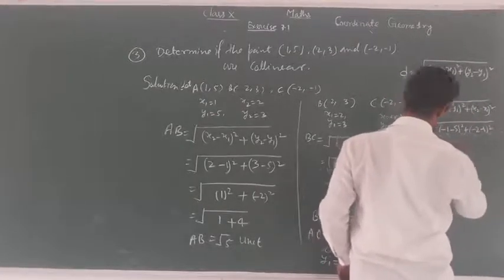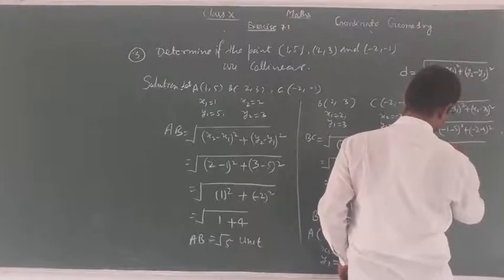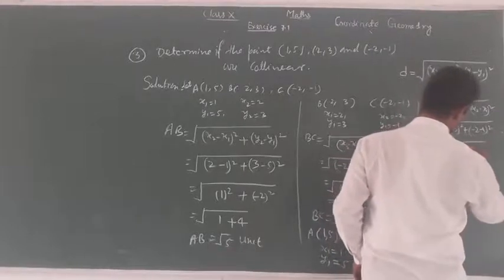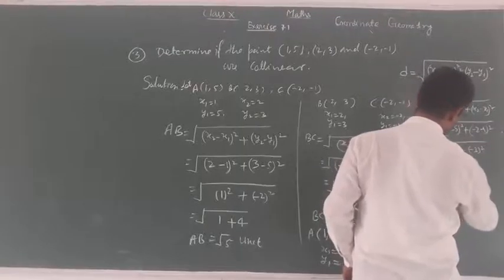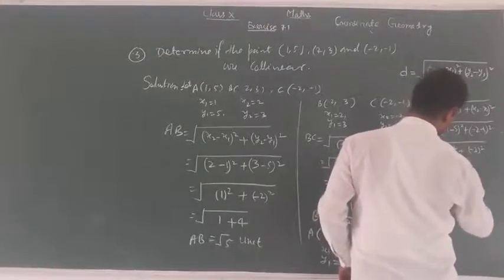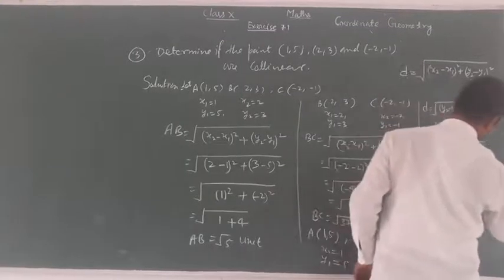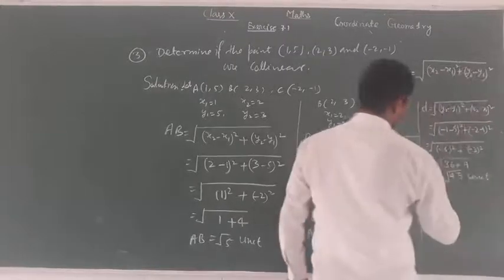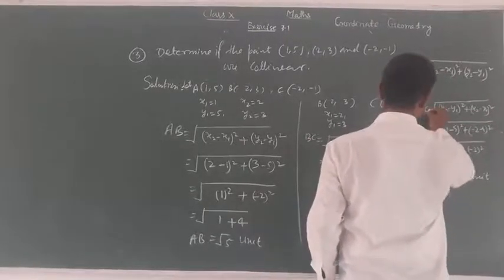So now (-6) squared plus (-3) squared, so 36 plus 9 is equal to 45. Square root of 45 units. So that is the distance of AC.